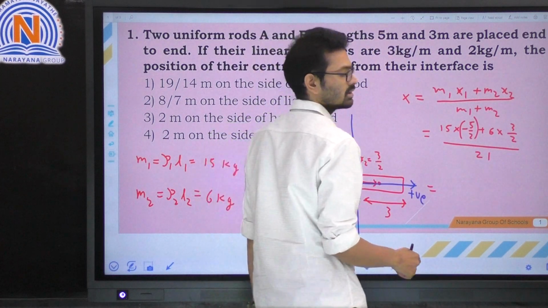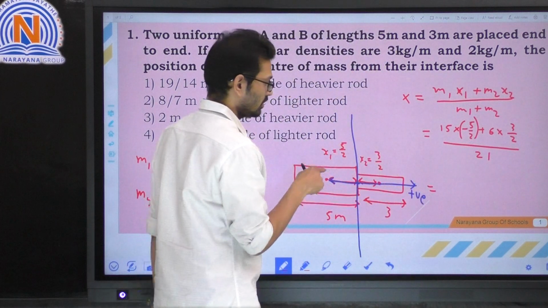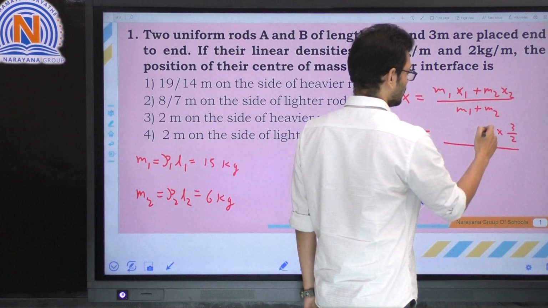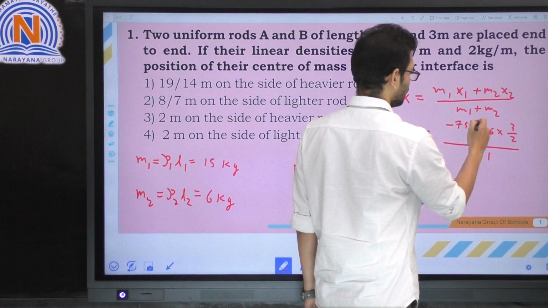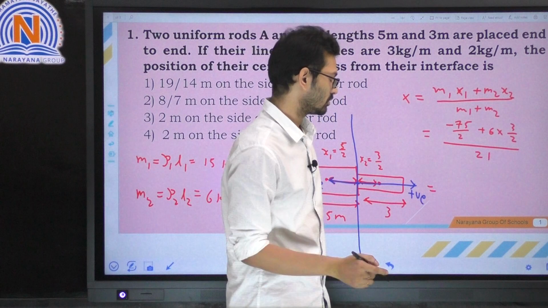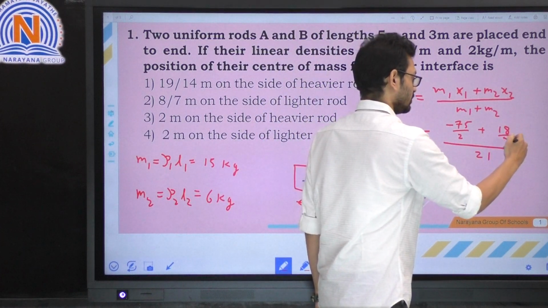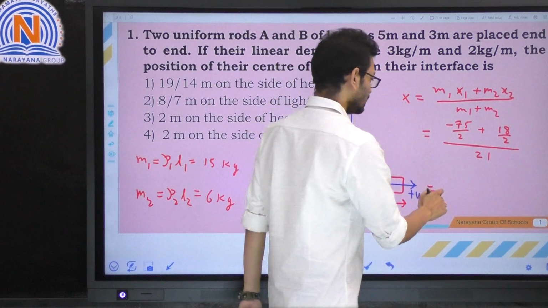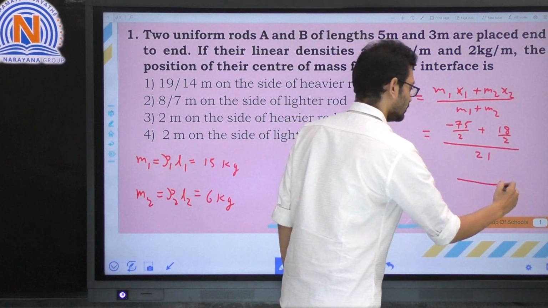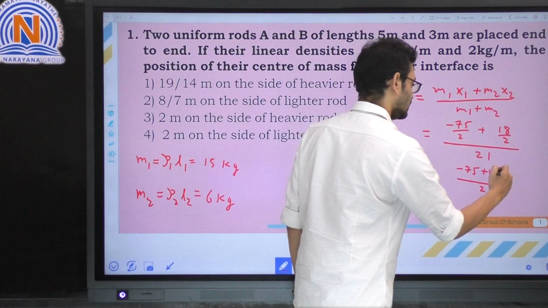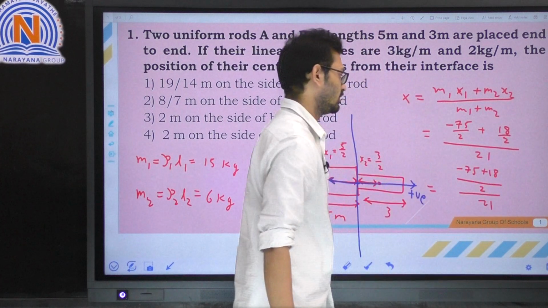And here 15 into 5 is 75 by 2, minus 75 by 2, and now plus 18 by 2. This is 18 by 2. So what happens over here, LCM would be 2, and minus 75 plus 18 by 21, right?